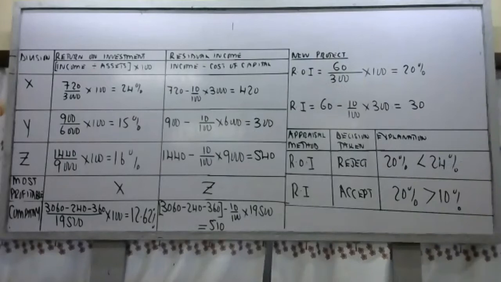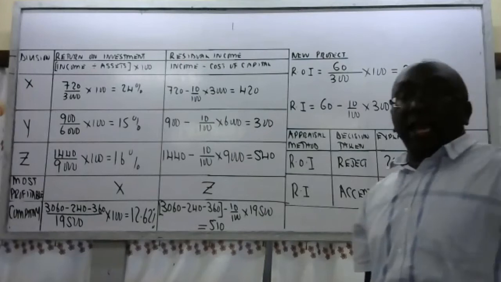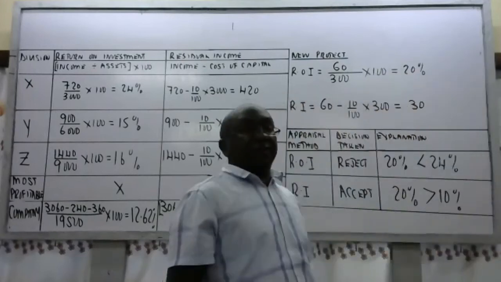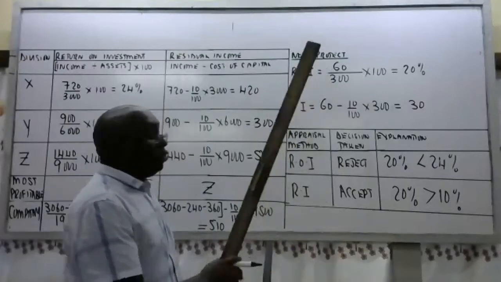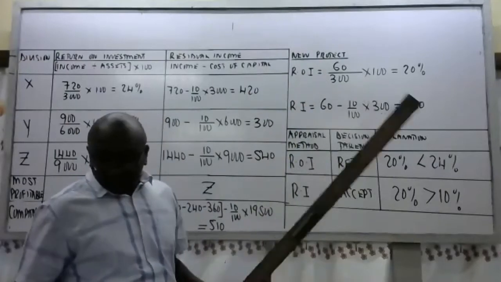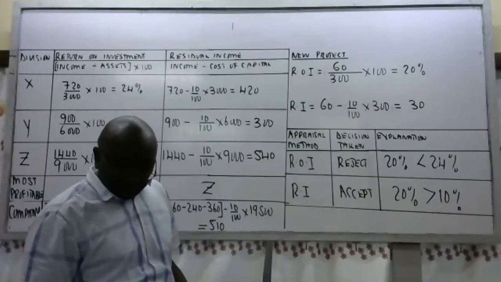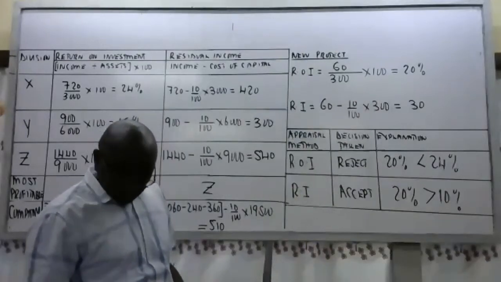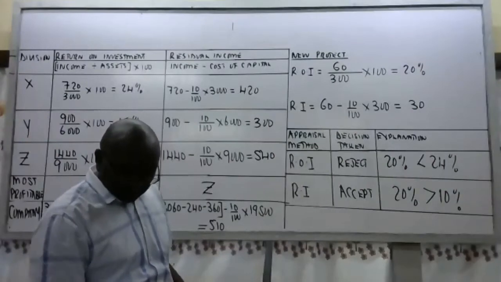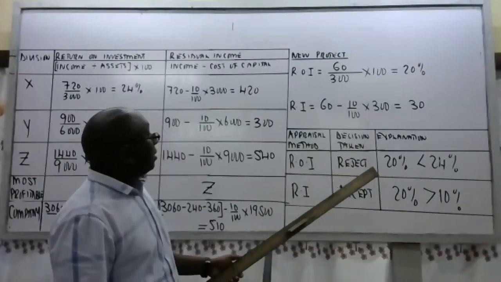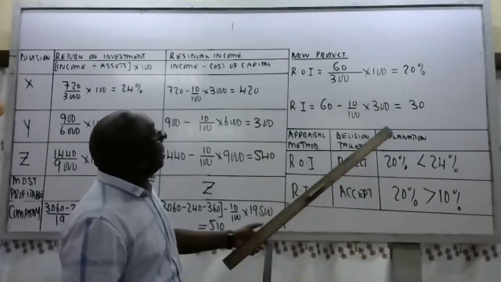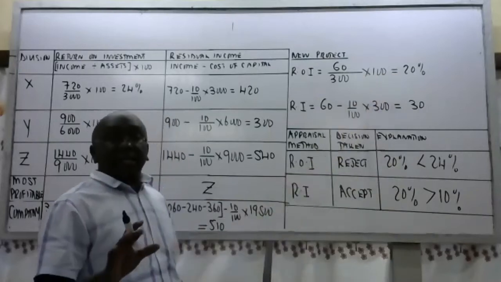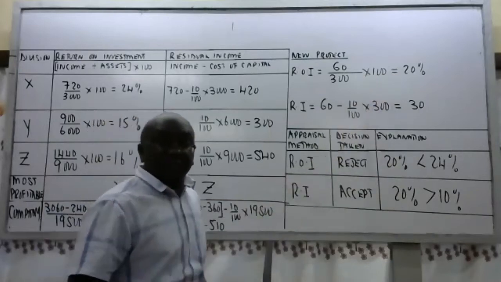That is how you can look at it. I told you when you're using the return on investment as the appraisal, you only accept a new project if the new project has a return on investment greater than the existing divisional return on investment.